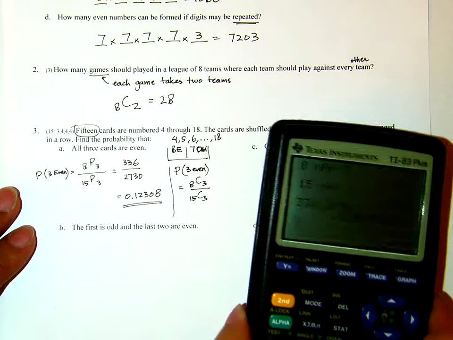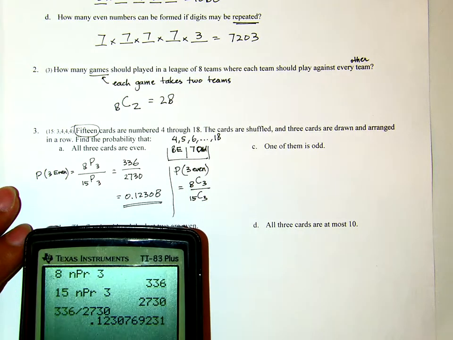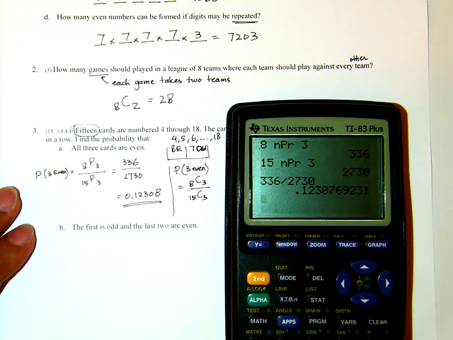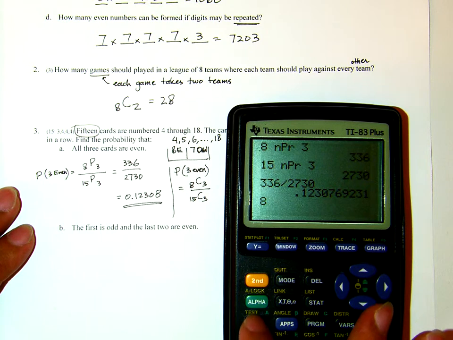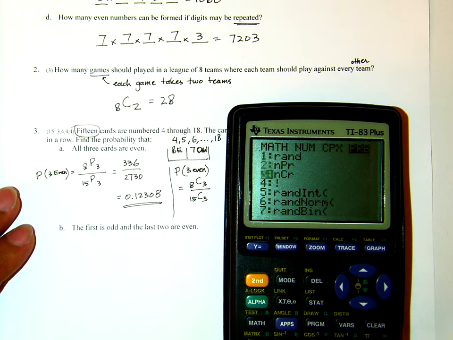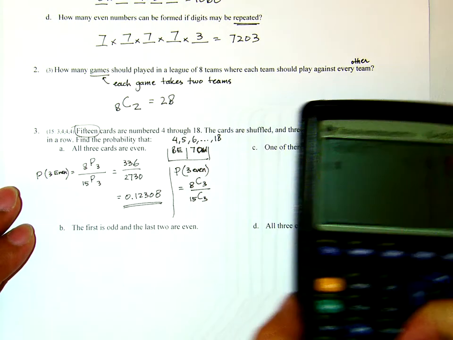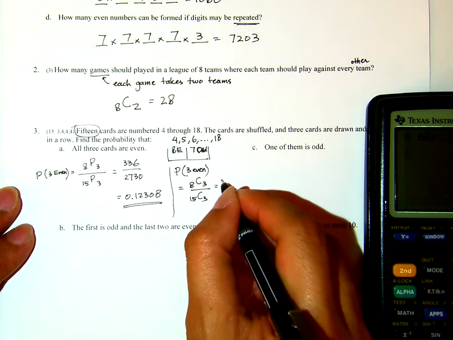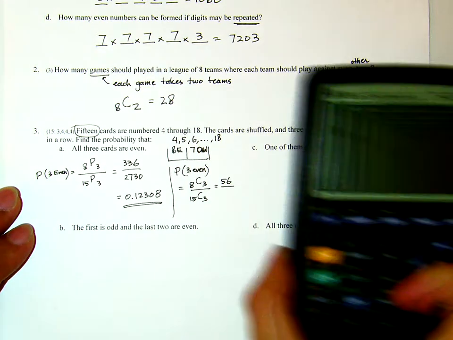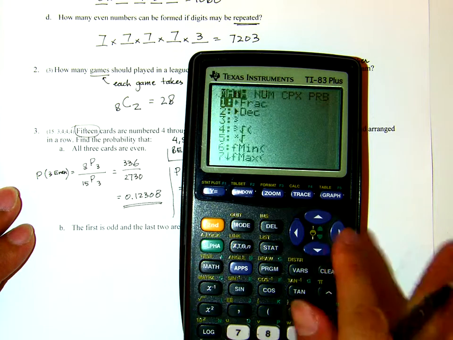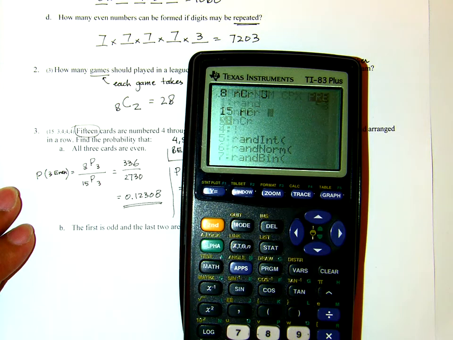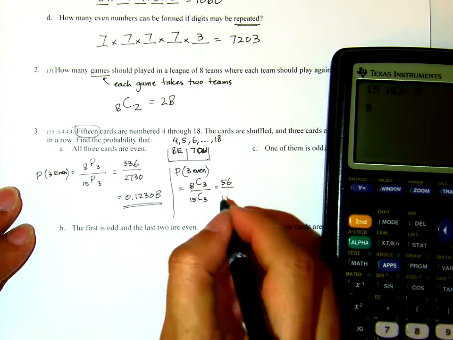Now, if you use the calculator, let me show you this time. 8 choose 3, that's 56, over 15 choose 3, that's 455.